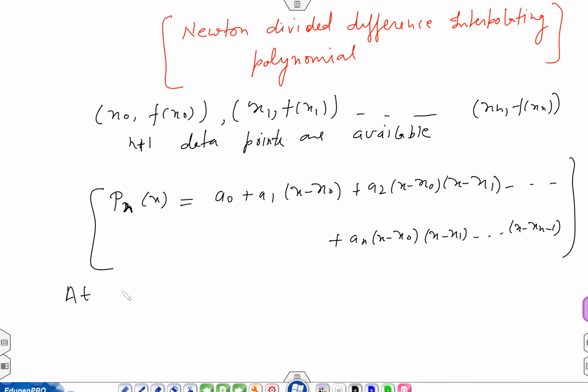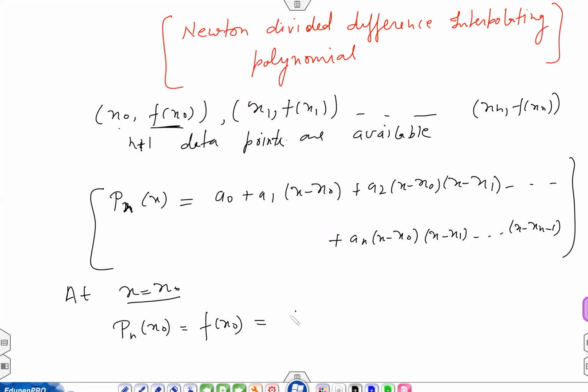So we can write at x equal to x0, Pn(x0) will be equal to the function value at x0, f(x0).